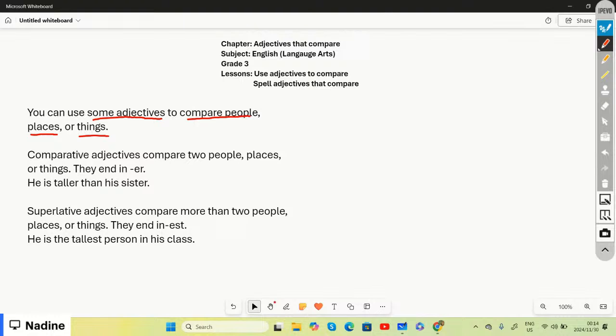So with adjectives that compare, we have comparative adjectives and we have superlative adjectives.